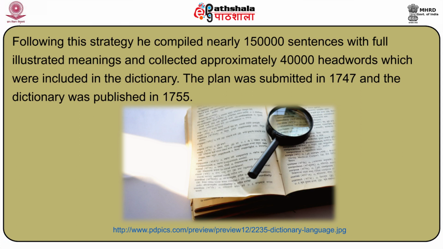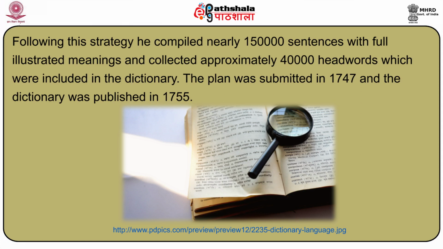In 1755 the dictionary was published, so he had to carry out this task before that. So perhaps the plan which he submitted in 1747 and the dictionary was produced in 1755.